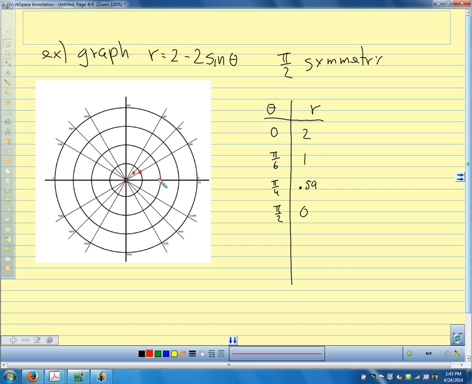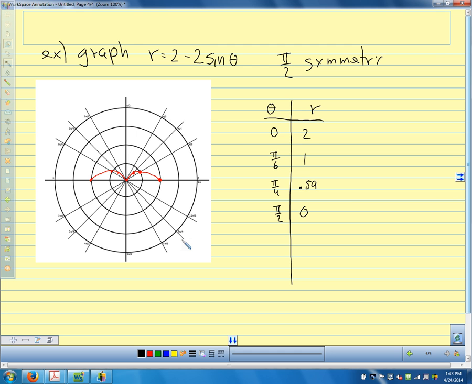So this graph over here does this, and we know it's going to do the same thing on the other side. It's going to be symmetrical. So on this side, our graph would be symmetrical. And then I'm going to graph this half, and then we can sketch in this half.